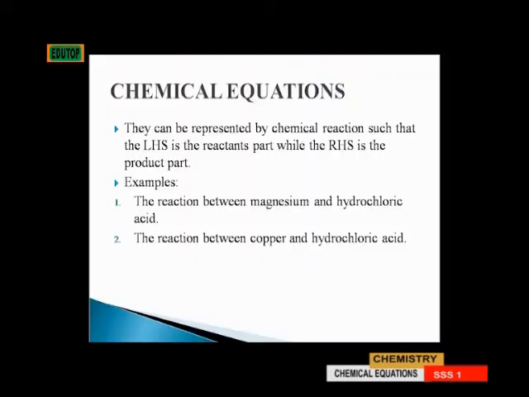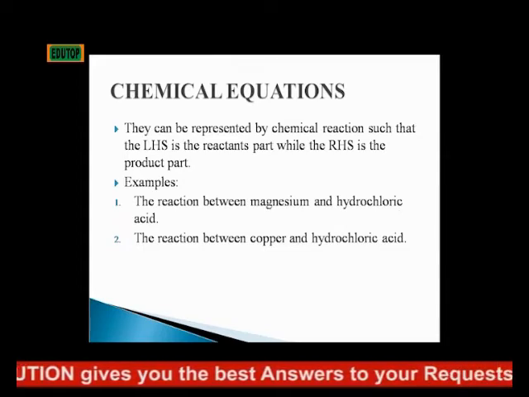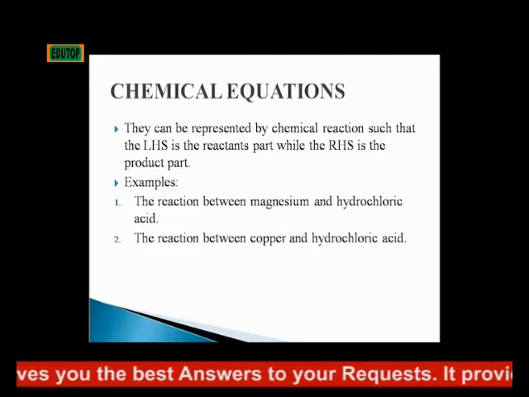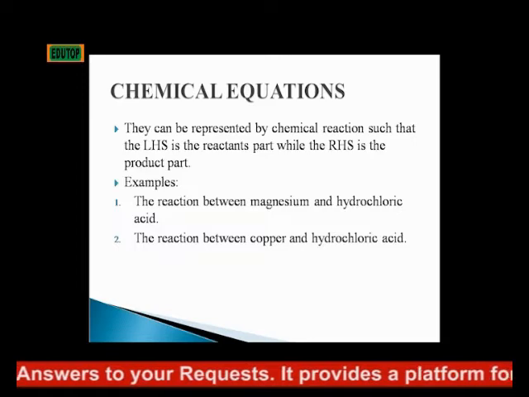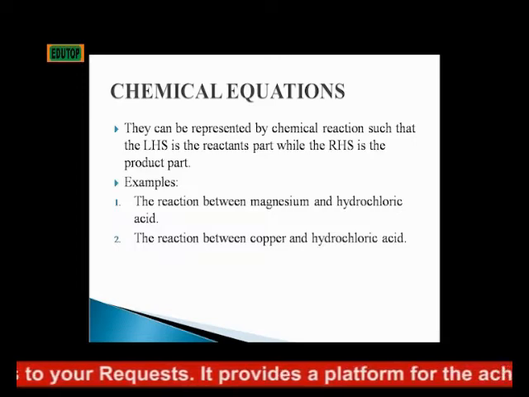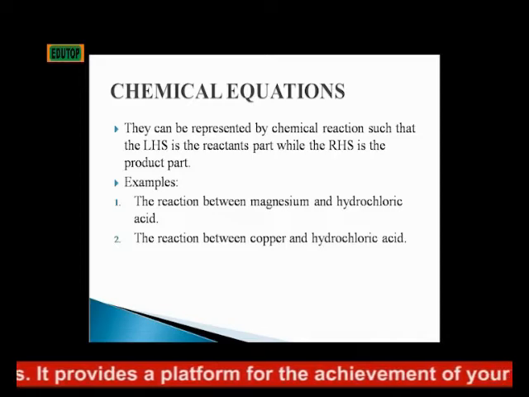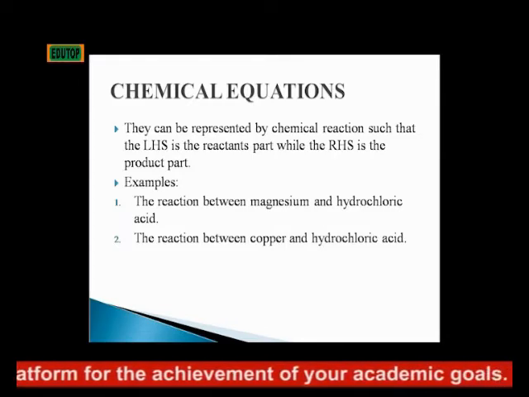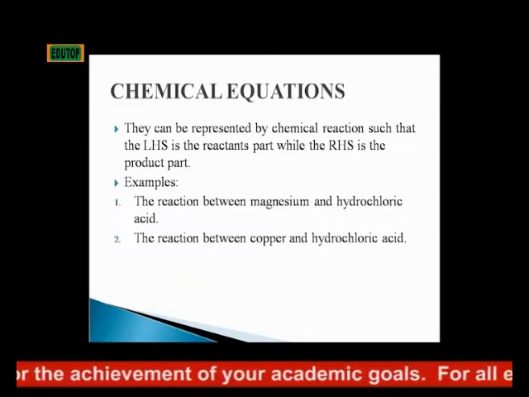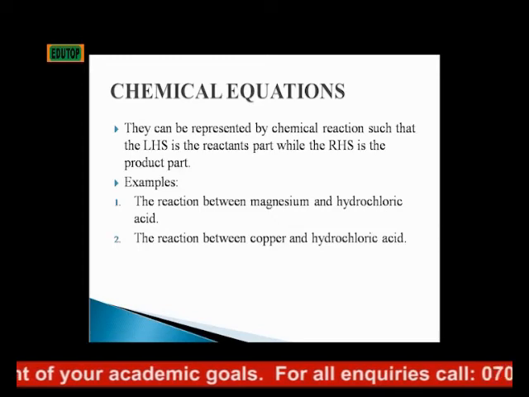Chemical equations. Chemical equations are the interplay between reactants and products. What you have on the left-hand side of the equation is reactants. What you have on the right-hand side of the equation is products.